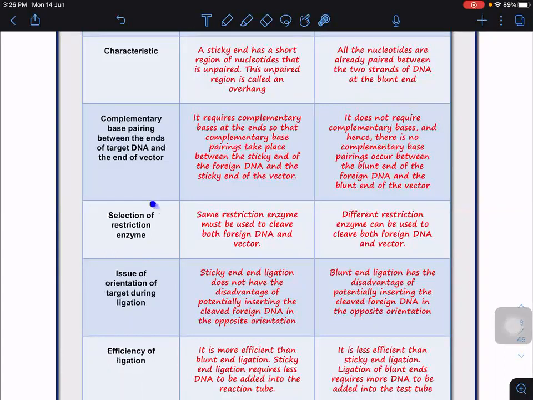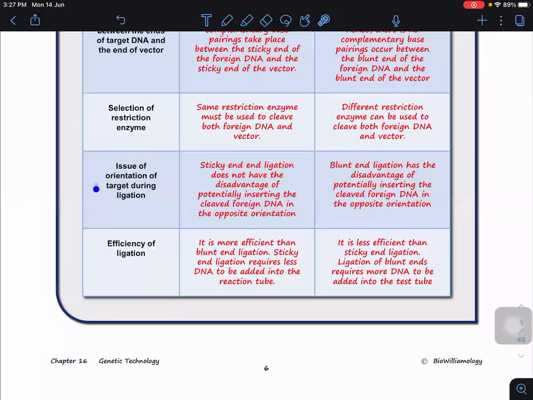So how about the selection of restriction enzymes? In this case, because we want to produce complementary bases, we need to use the same restriction enzyme for that particular end that you want to join together. Later I will show you. But in this case we can use different restriction enzymes to cleave both the foreign DNA and the vector. Then, issues of orientation of targets during ligation.